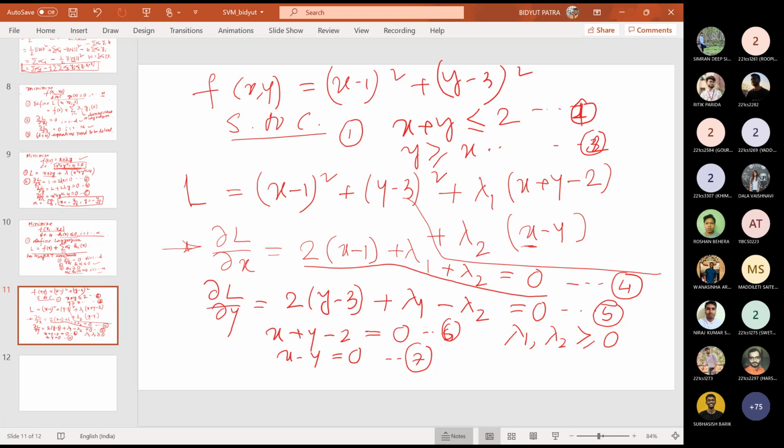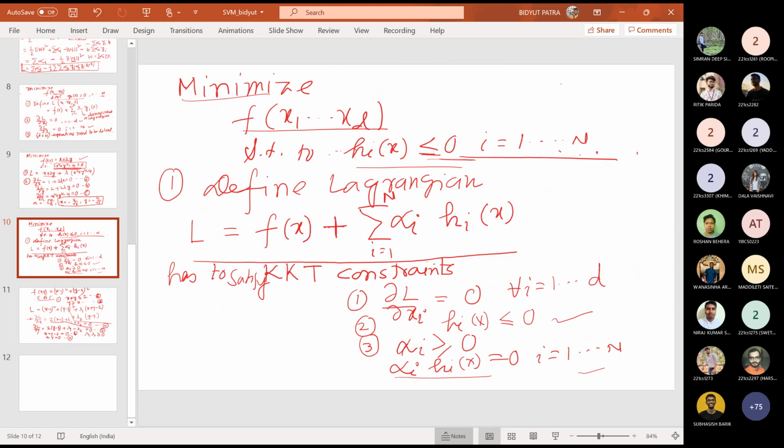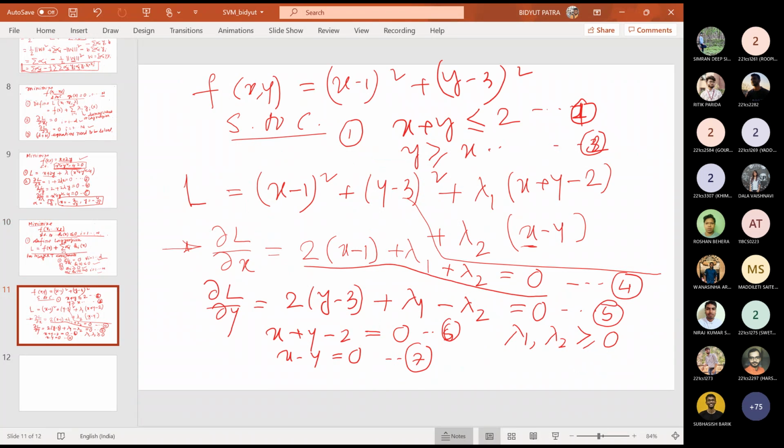That is what we learned just earlier. So for all variables, the derivative should be 0. Whatever the constraints are, we should write them here, and lambda should be greater than or equal to 0. Then we multiply lambda 1 with this constraint: lambda 1 into (x plus y minus 2) should be 0.